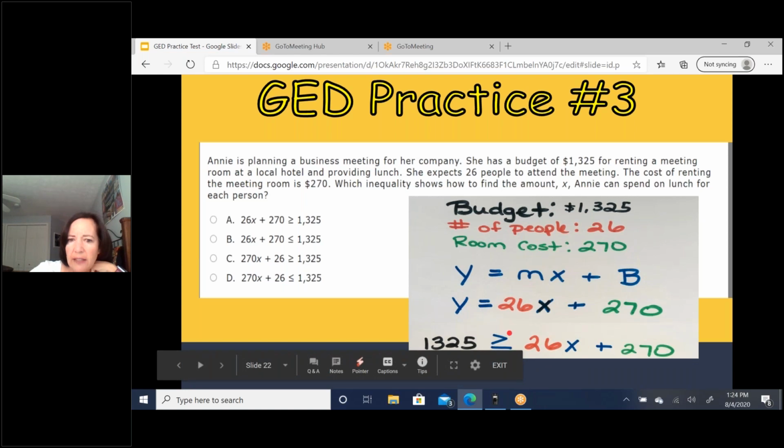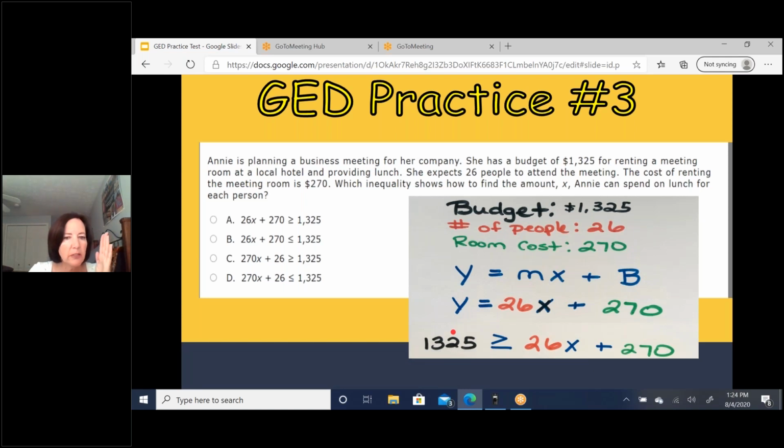The small side of the symbol is pointing towards the cost, because the costs need to be smaller than $1,325. The large side of the symbol is our budget, because that has got to be the biggest amount possible. The cost can be smaller than that, but it can't be bigger than that.